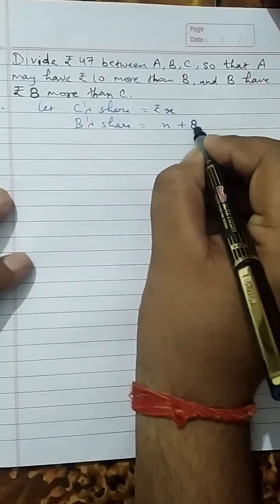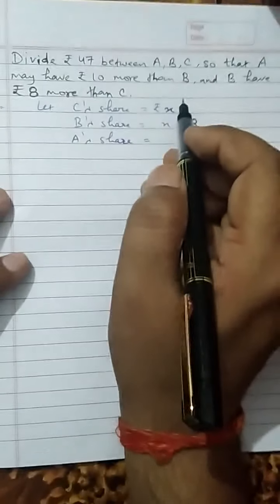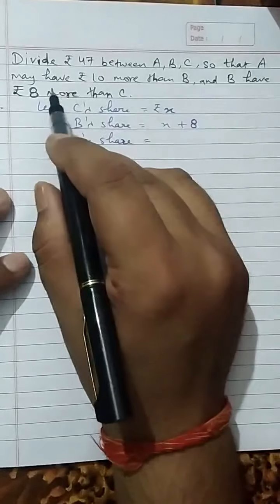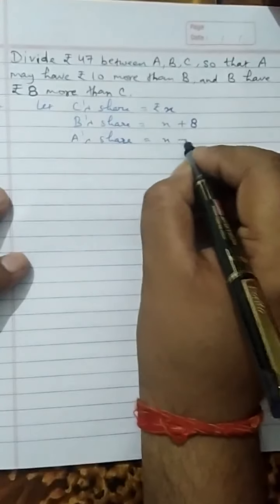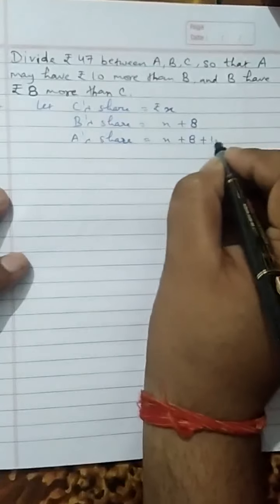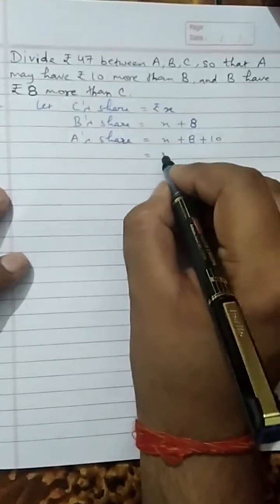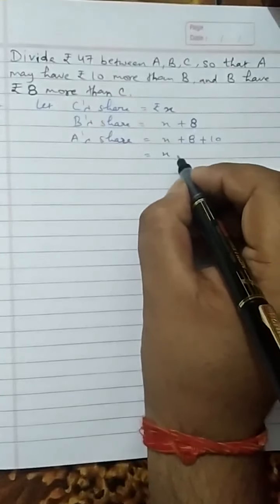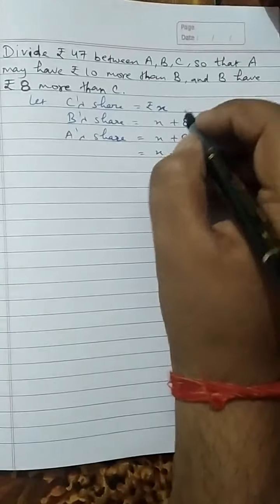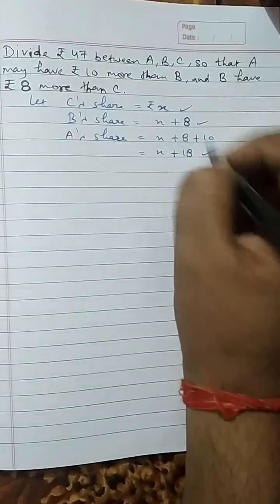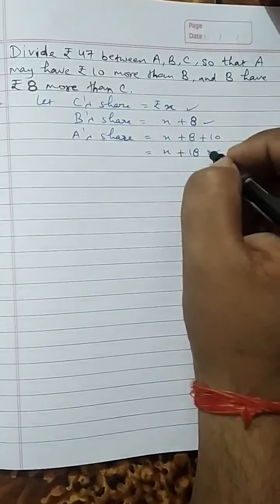Now A's share. A may have rupees 10 more than B. So we will add 10 here also. So 8 plus 10 gives you 18. So C plus B plus A, these will be added, and on adding these three you get rupees 47.